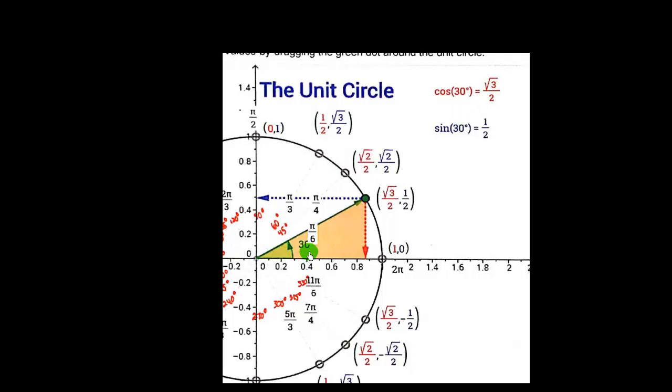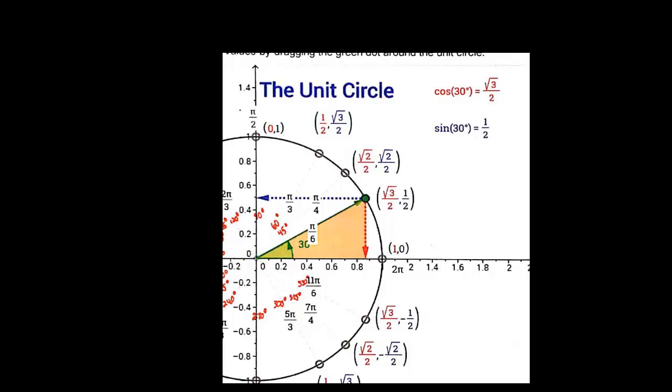Now, if we went over to the other side of the circle and we formed a matching angle, where instead of going right for our x-coordinate, we went left for our x-coordinate, you know from your past history of graphing that when you move left from the origin, your x-coordinate becomes negative.